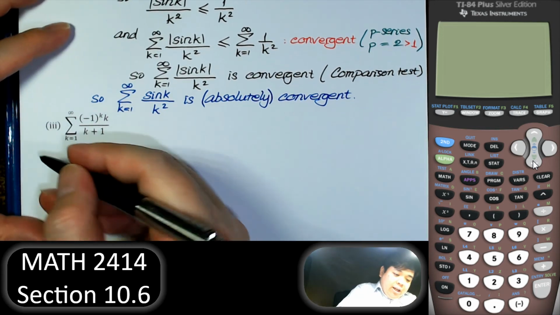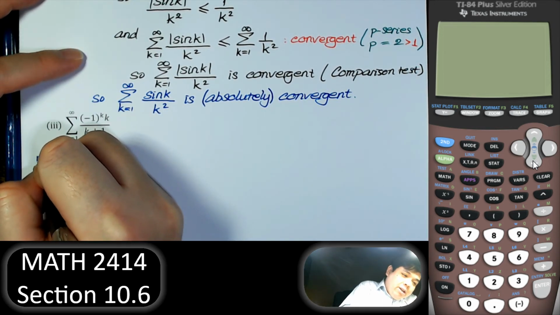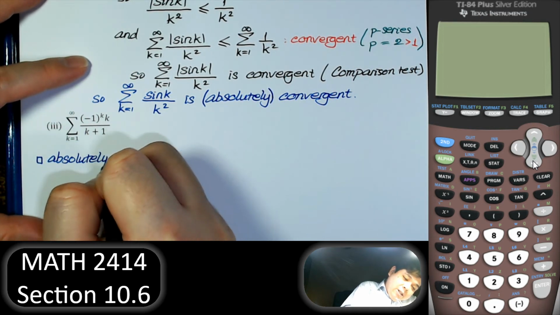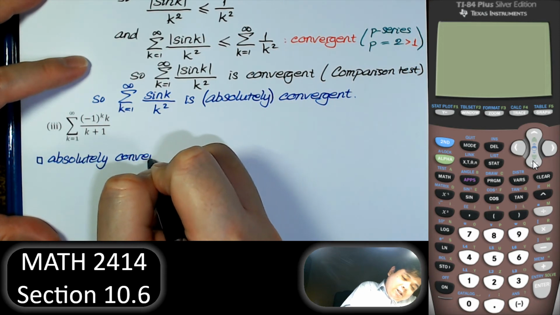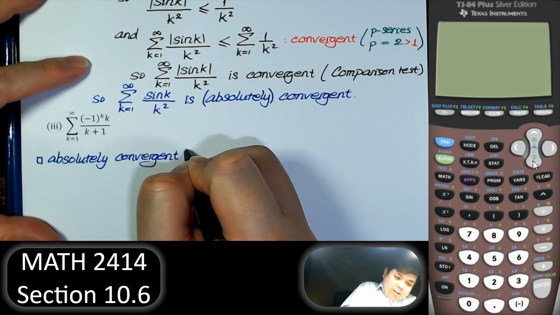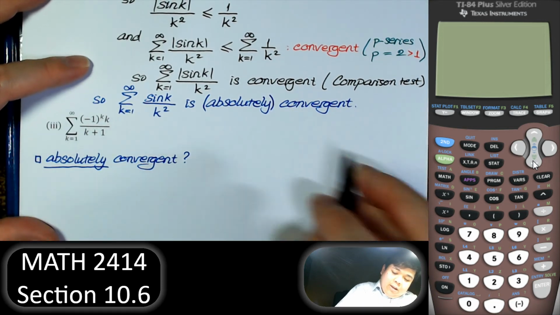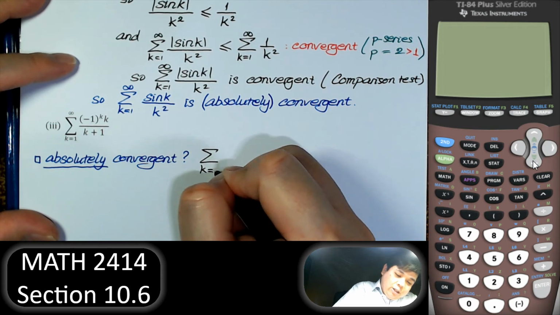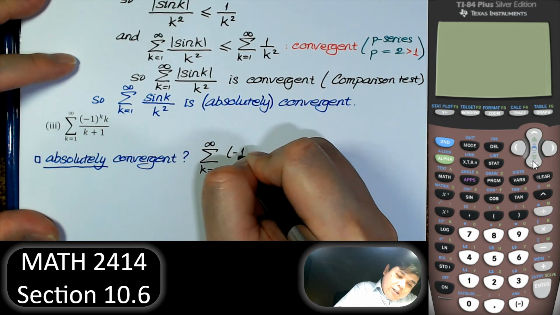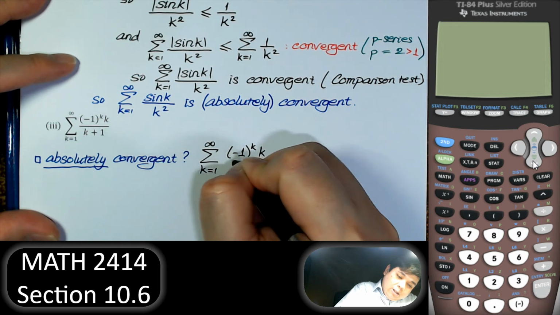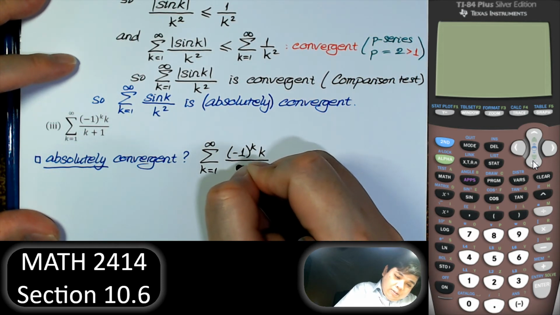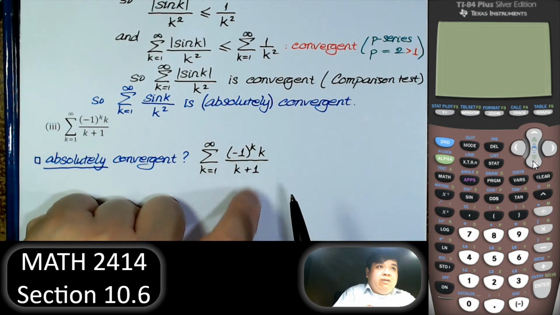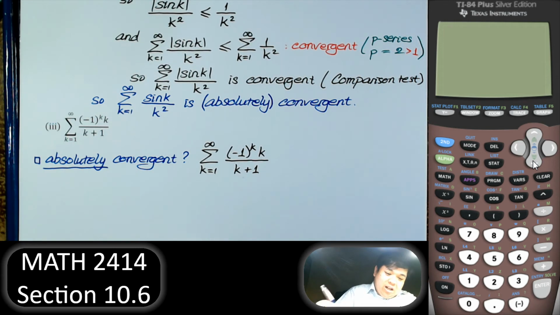Right. We have the next example here. Do the same thing. Is this one absolutely convergent? For the series, we're going to put the absolute values into it. When we put 1 in here, we start with the negative term, which doesn't matter at all.